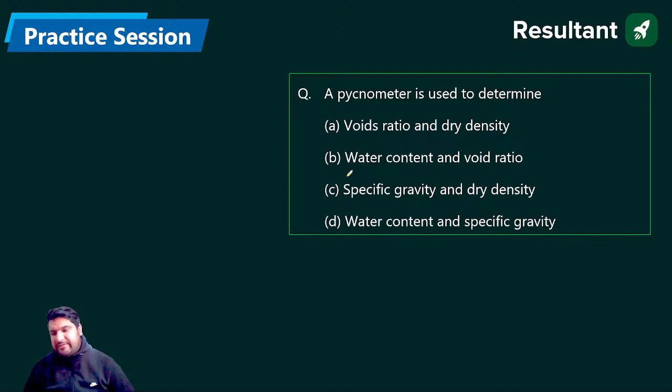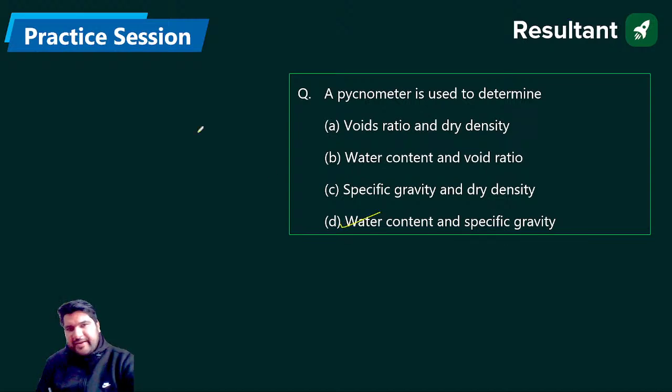So what is the picnometer used for? D is the answer. Harshita is saying D is the answer. Arnab is saying D is the answer. So the picnometer is used to determine water content and the specific gravity.